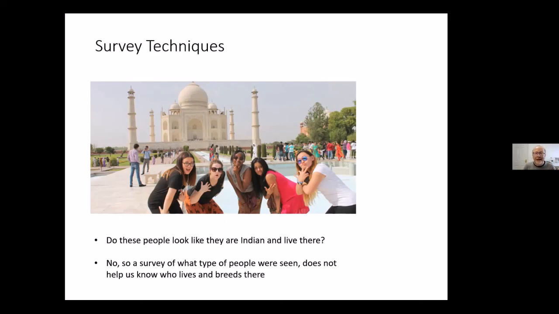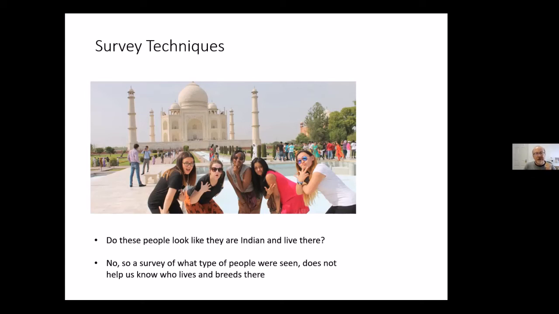Here we're clearly in India, but those people are not from India. That does not mean that they live there or they bred there or were born there, just because we can see them there. And the same applies to dragonflies.